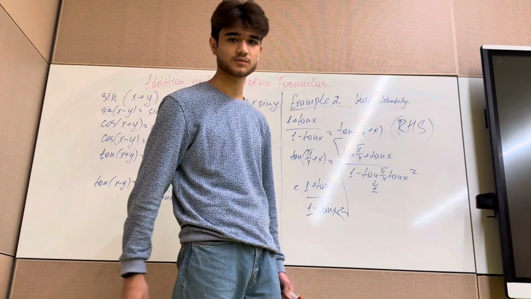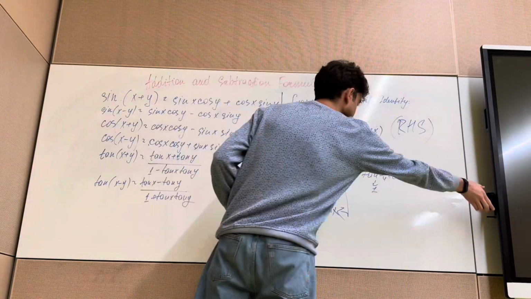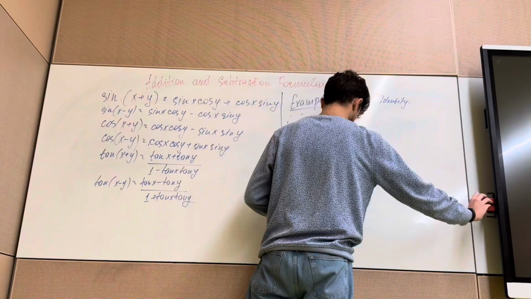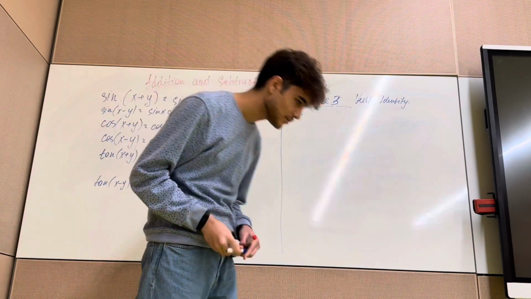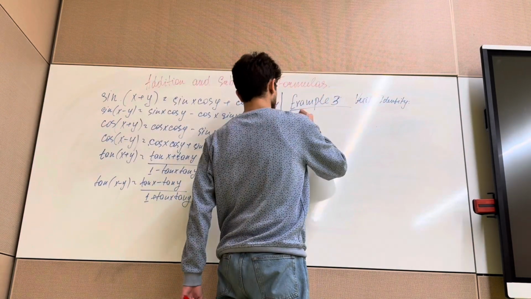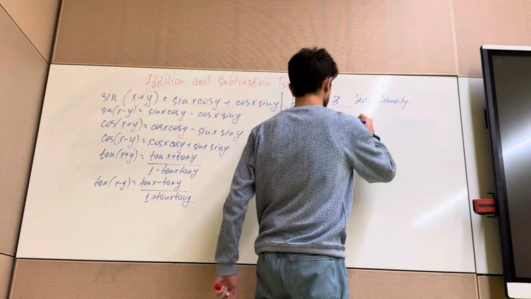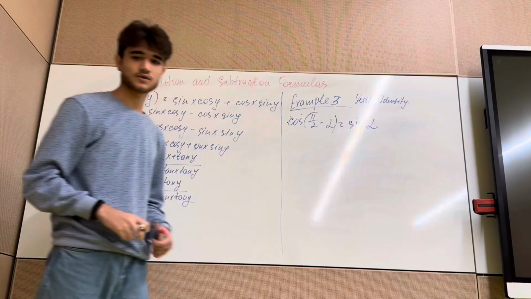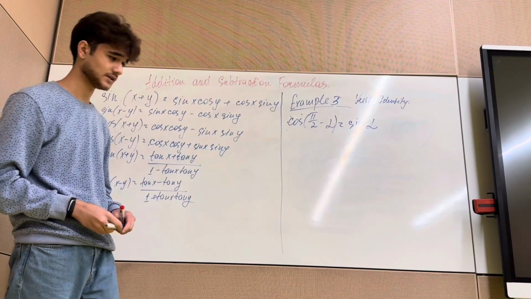Let's see one more example and then conclude. So in this example number 3, which I'll write right now, we also in a similar way have to prove the co-function identity.